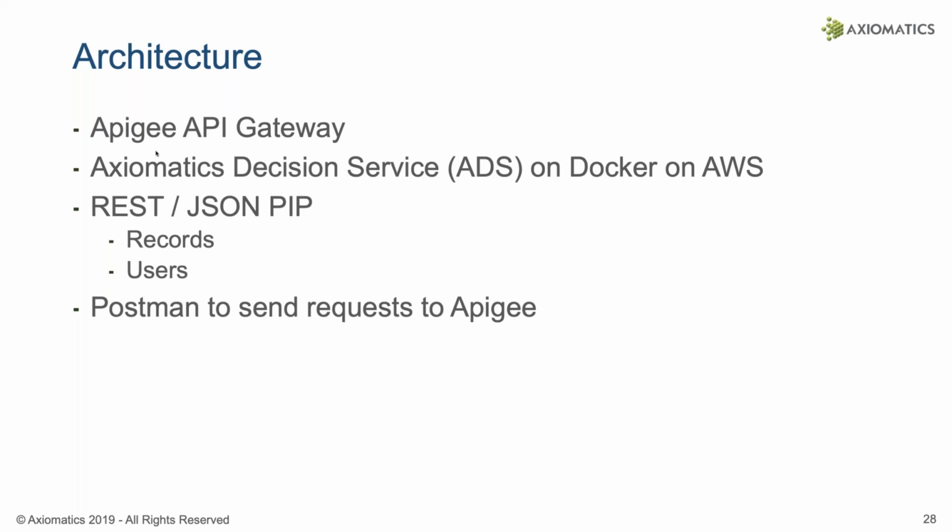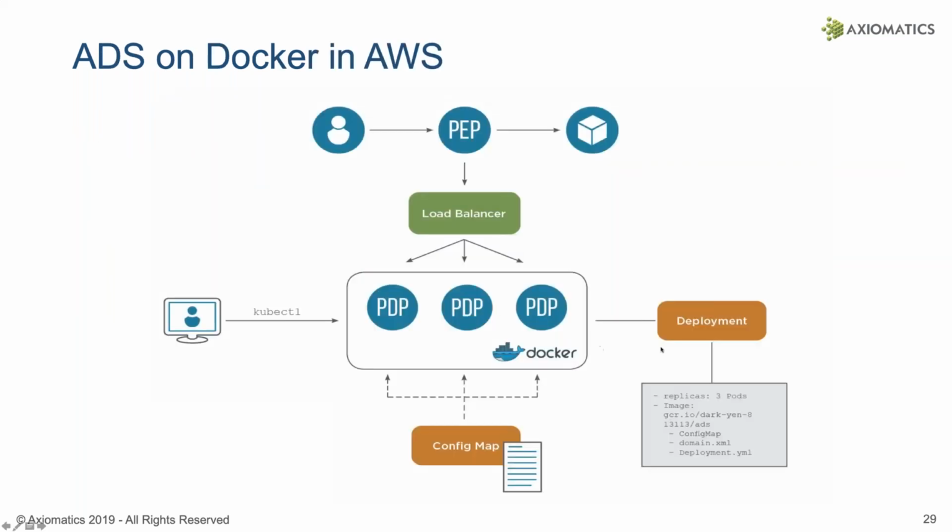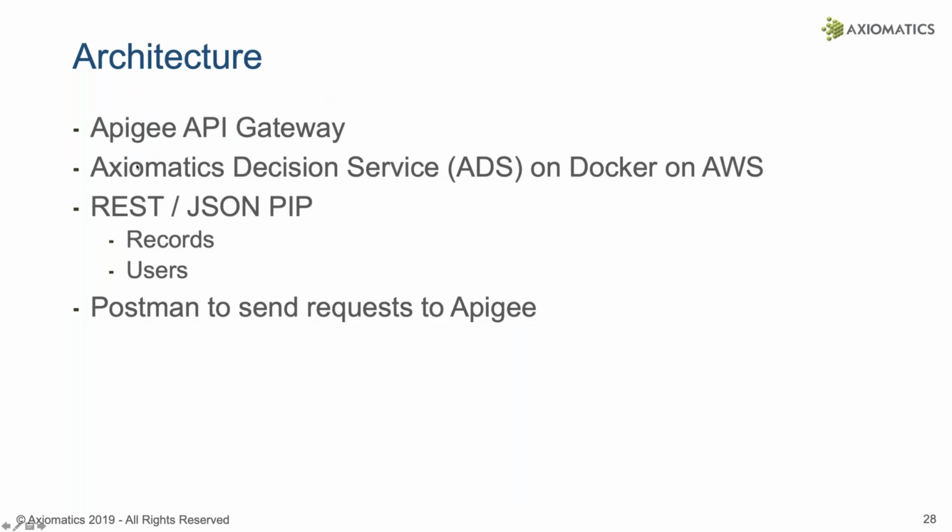So we have an Apigee API gateway running that is exposing an API. It's got a backend API, which is just a REST API holding some sample JSON data. As the authorization engine, we are using the cloud native PDP, also known as the Axiomatics Decision Service.